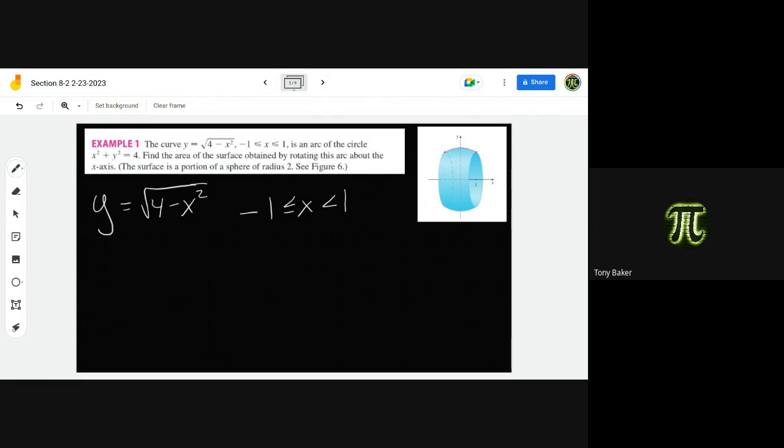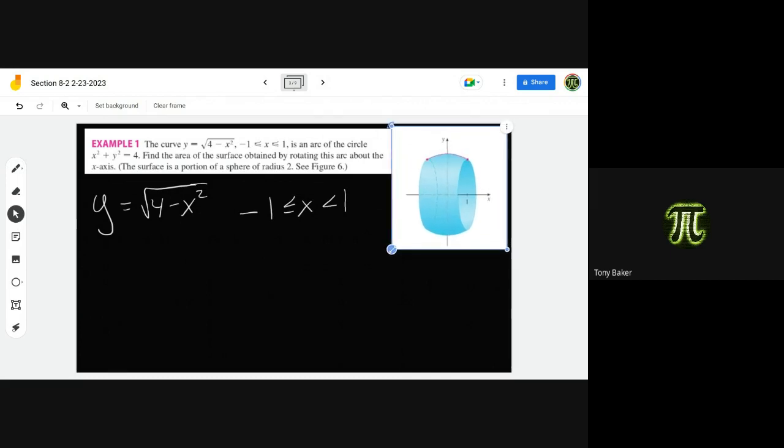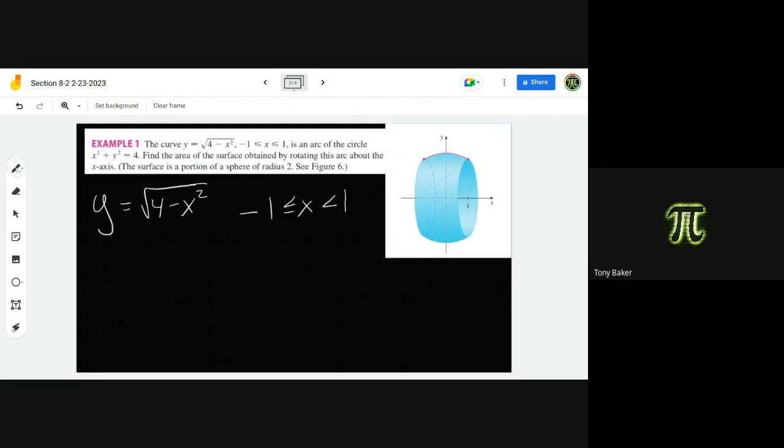It's rotating around the x-axis, as you can see in the picture. So remember, the equation is the integral from a to b of 2 pi times the radius, which in this case is y, because that's my radius, times the square root of 1 plus the derivative of y squared, dx.